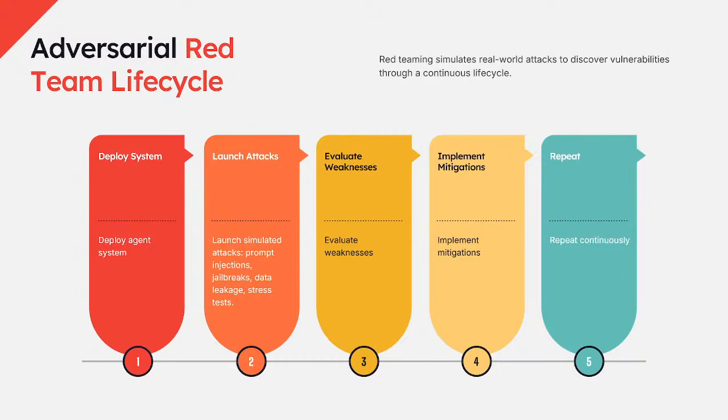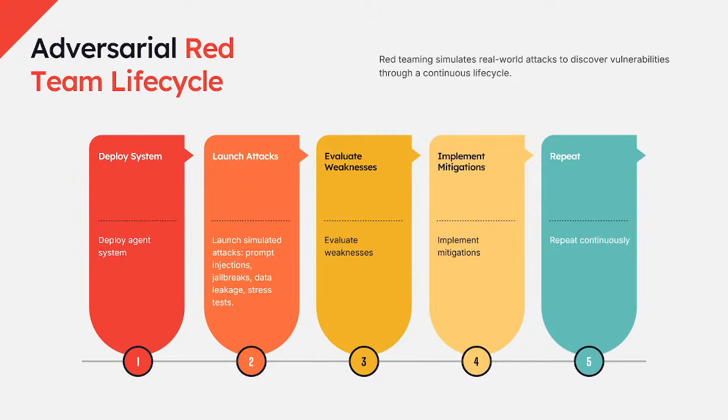So adversarial red teaming. So the adversarial red team life cycle. Red teaming simulates real-world attacks to discover vulnerabilities through a continuous life cycle. So red teaming is very, very important, and you can implement it even in your own enterprise. So this involves deploying the system, where you deploy the agent system, then you launch attacks against the agent system.